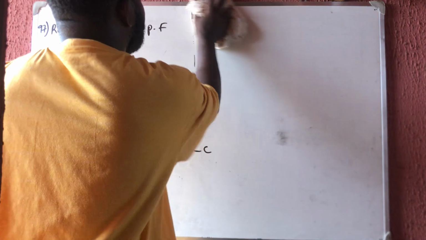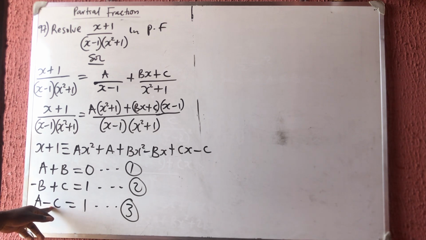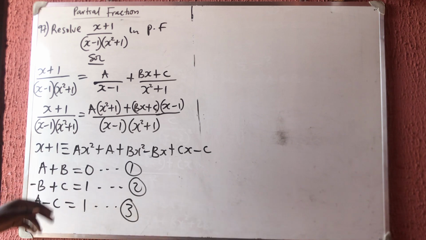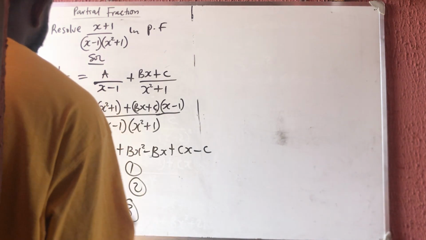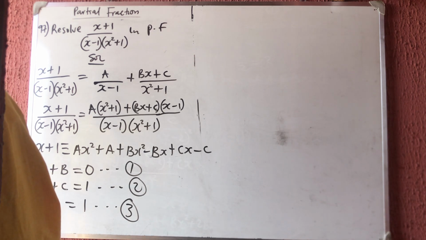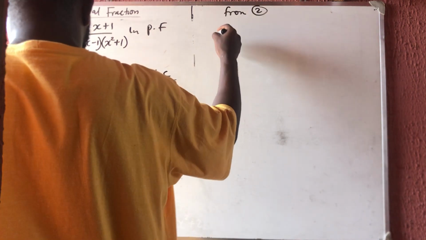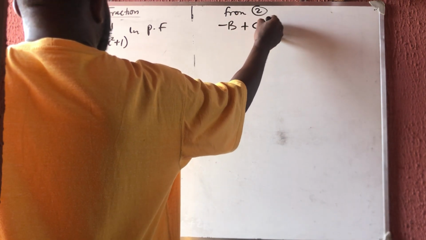So solve equations 1, 2, 3 simultaneously. How do we solve it simultaneously? If I want to work with equations 1 and 2, I can make C the subject of the formula from equation 2 and substitute in equation 3. Equation 2 said that minus B plus C is equal to 1.